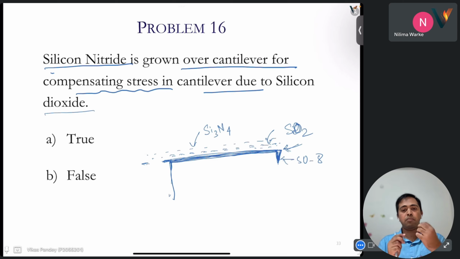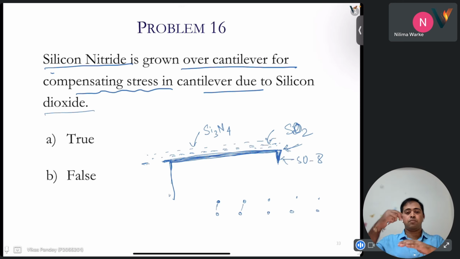There is some lattice difference. This is the SiO2 lattice, and I think silicon nitride has a somewhat smaller one. So at this interface they will try to adjust themselves, and in this process the stress that was forming will be relaxed.